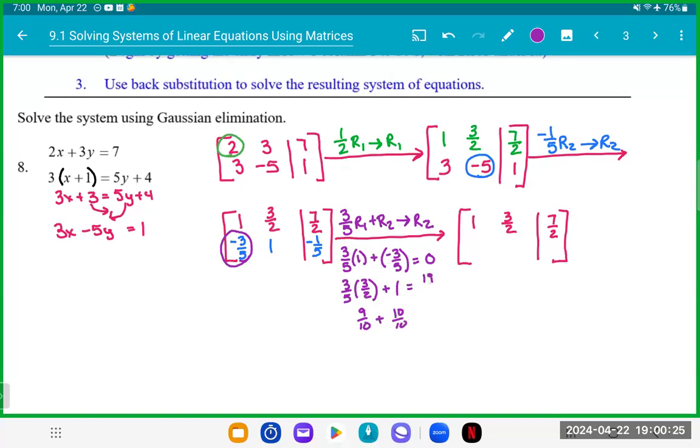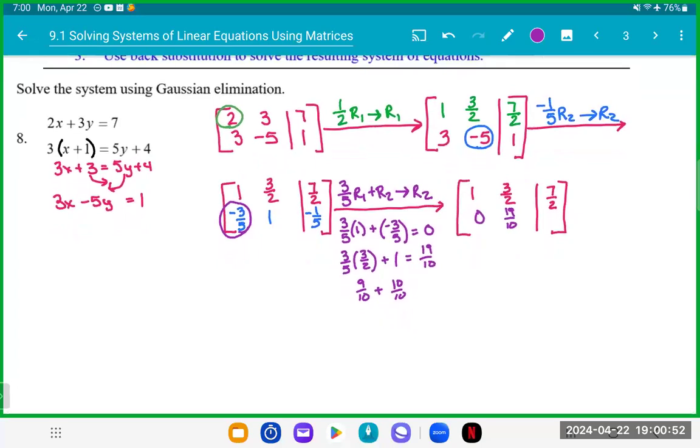So that gives me 19/10. When I do that, you see I go 0 and now I have 19/10. And so I no longer have my 1 in that spot, right? So it's okay. It just means we have one more step we have to do before we're finished.